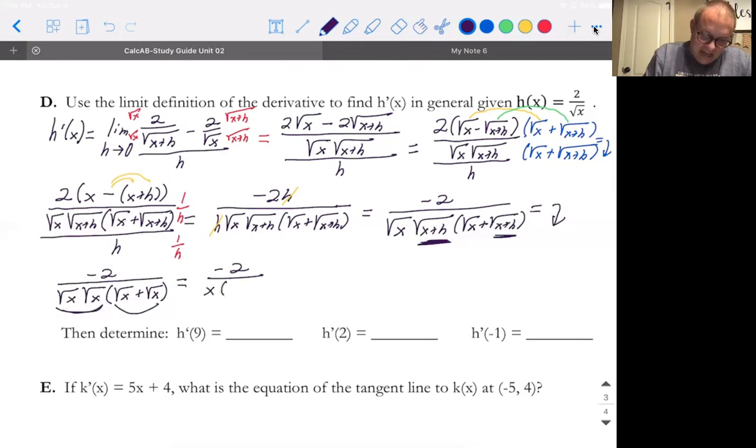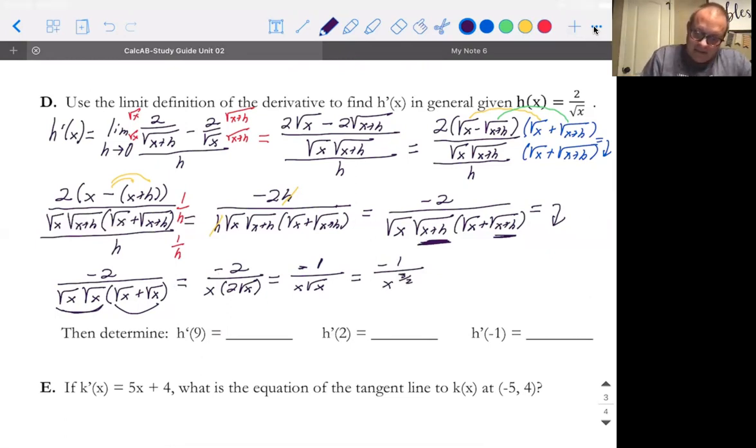But inside I have to add, so that's 2 of those radicals of x's. So that's what I've got so far. Those 2's will go away. And I'm left with negative 1 over x square root of x, which, if you like exponents, that's negative 1 over x to the 3/2. And I'll leave that with positive exponents.